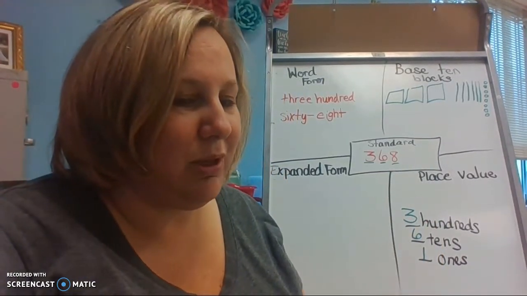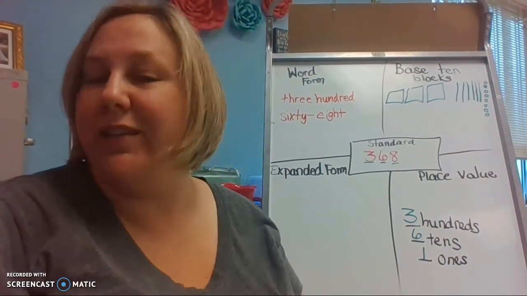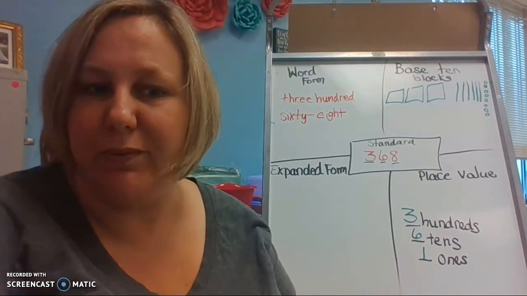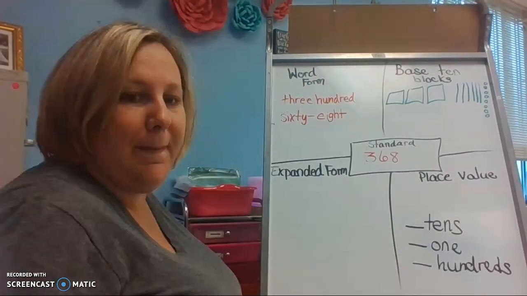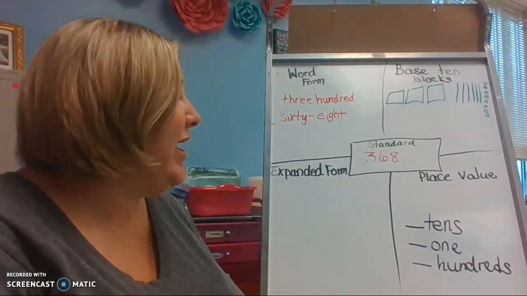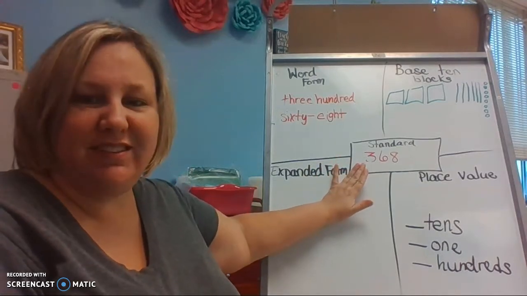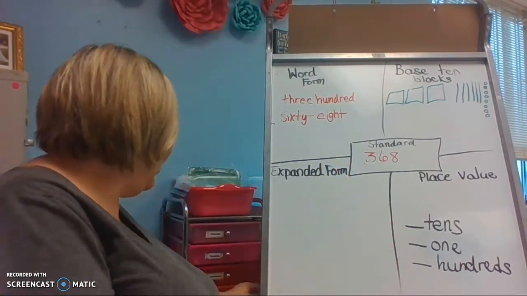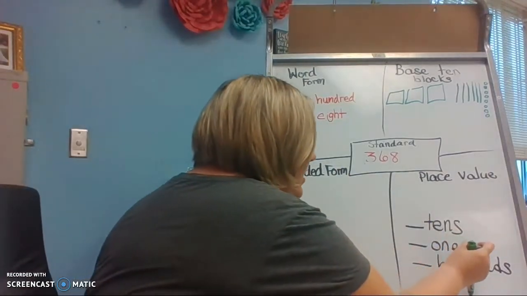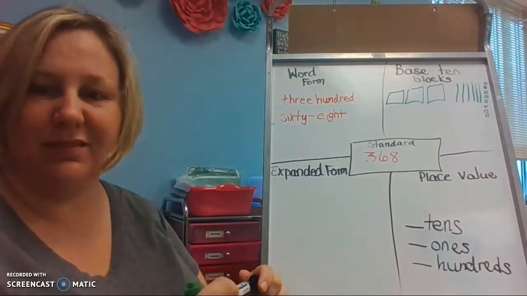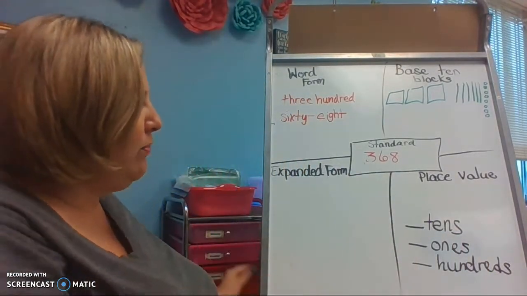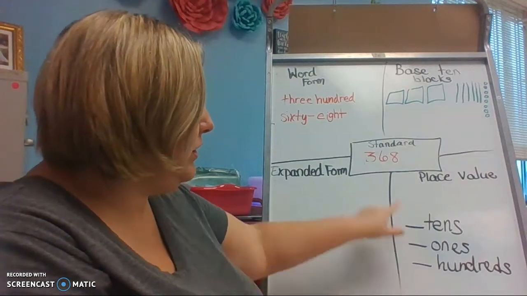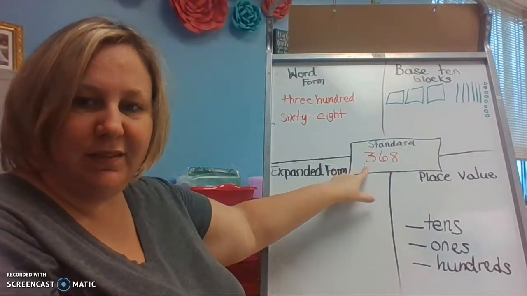I'm gonna try to trick you. So put on your thinking caps for the next problem. You ready? Put them on. All right, so we still have 368. But look, I have 10s, 1s, and hundreds. How many 10s are in 368?